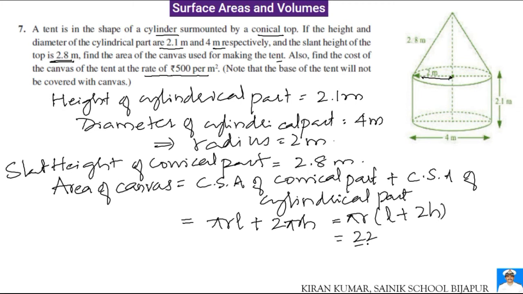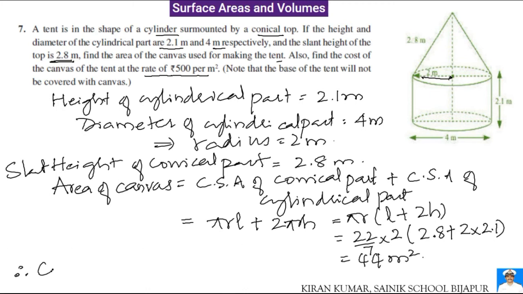So 22 upon 7 multiplied by the radius, times the slant height 2.8 plus 2 times the height 2.1. 2 times 2.1 is 4.2, added to 2.8, we'll get 7. The 7 and 7 will get cancelled. We'll be getting 44 meter square.